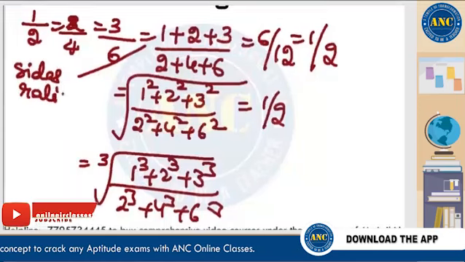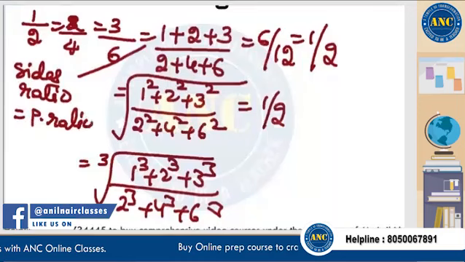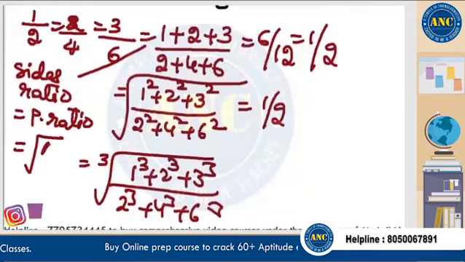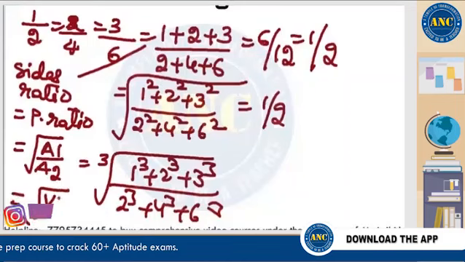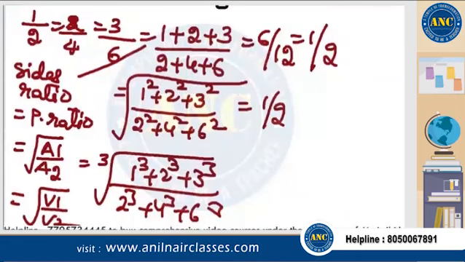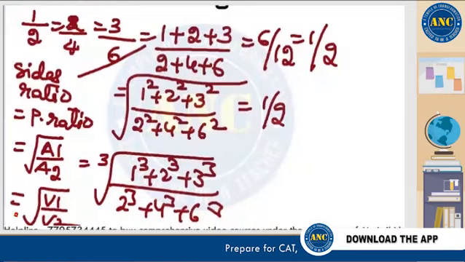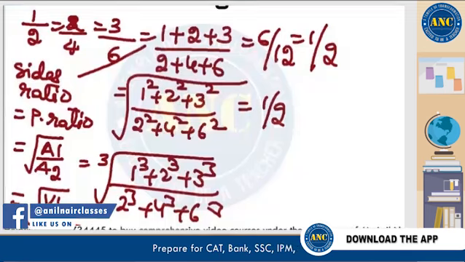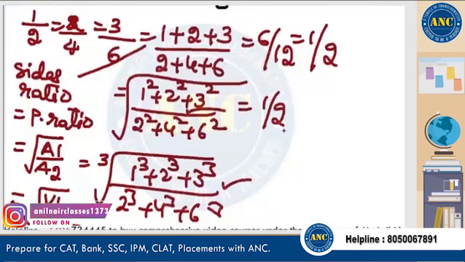Sides ratio is equivalent to perimeter ratio, equivalent to the square root of the area ratio, equivalent to the cube root of the volume ratio. Please write down. Volume will be there in the form of cube. Areas will be there in the form of square.